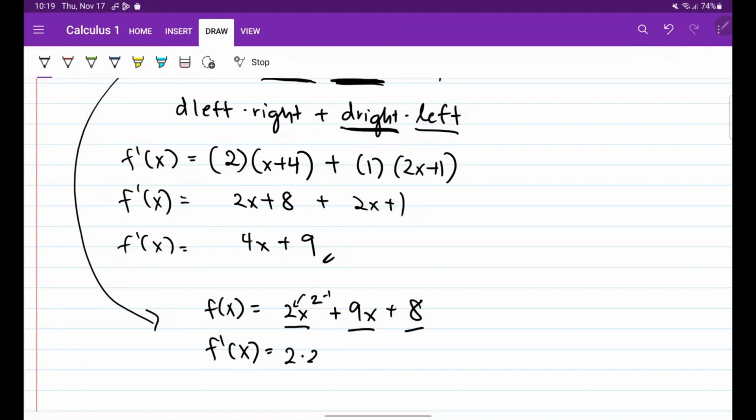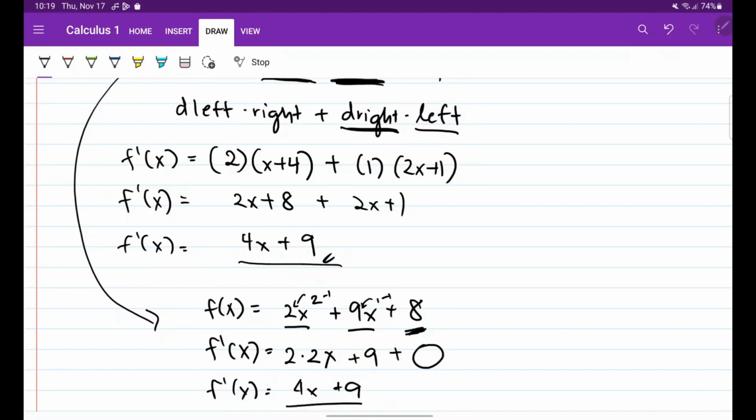So 2 times 2x plus yung x dito, may exponent na 1, so bababa natin, then minus 1. So this will become just plus 9. Then 8 is a constant, so this is plus 0. So f prime of x is equal to 4x plus 9. And we get the same answer.